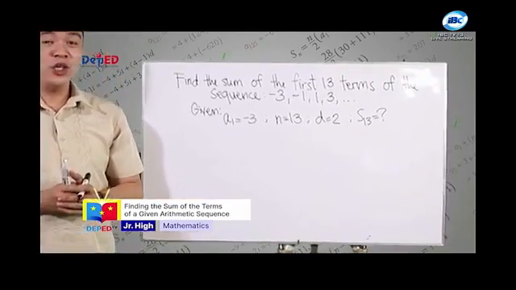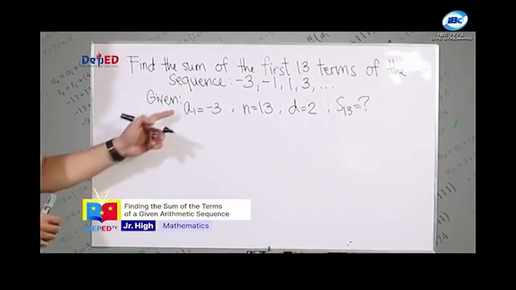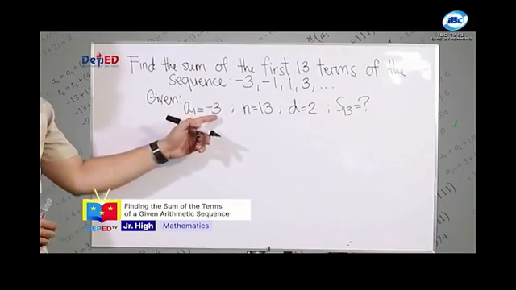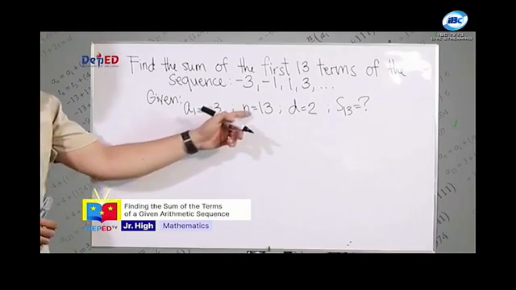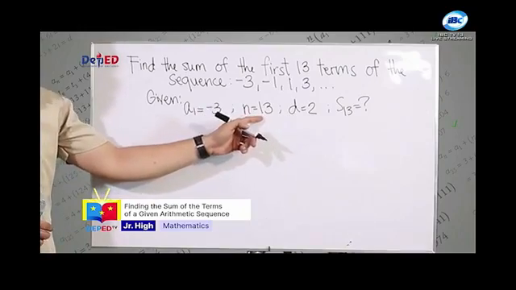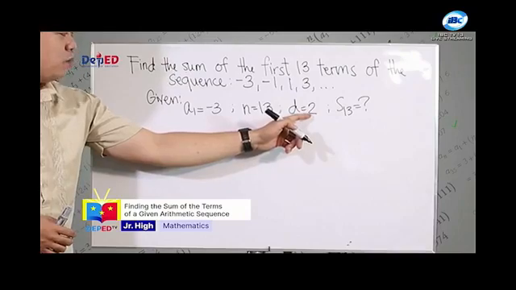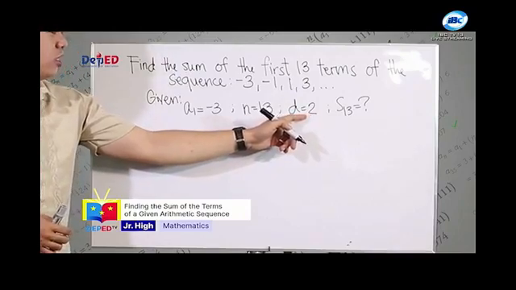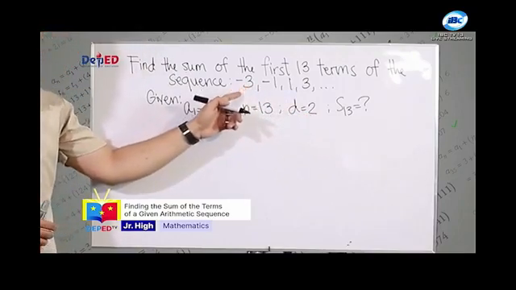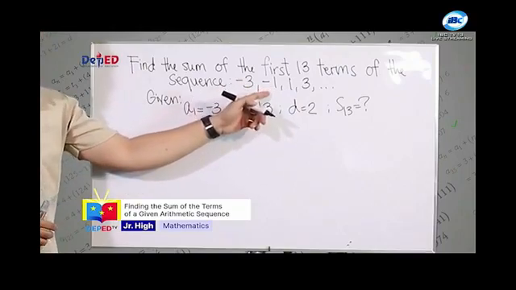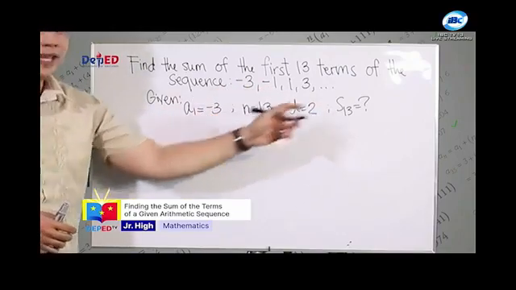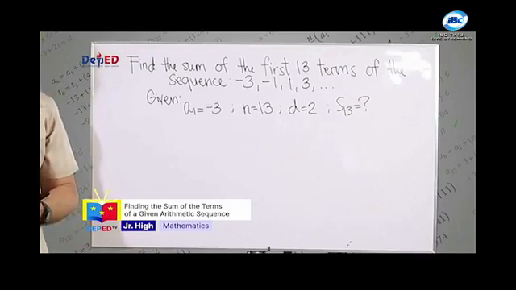Notice that from the sequence, our given a sub 1, or the first term, is -3. Our n is 13. The difference is 2, that is by adding the common difference to the preceding term to get the next term. And we are looking for s sub 13.